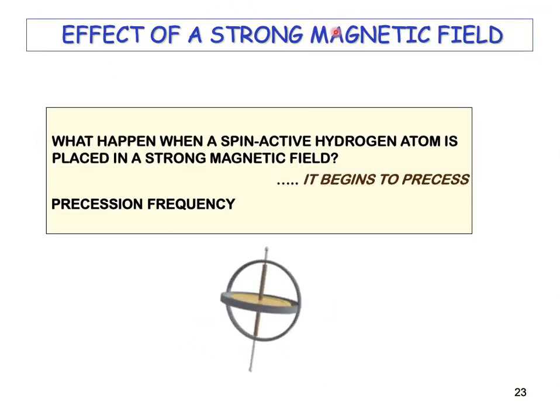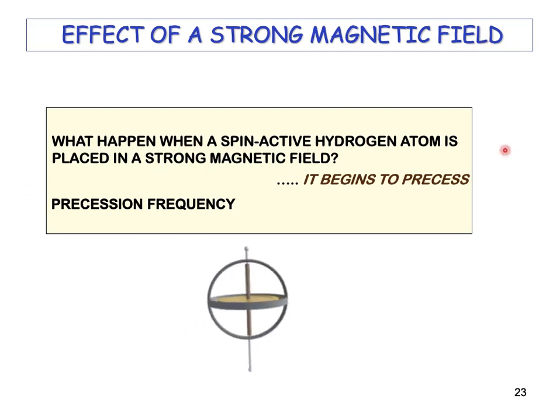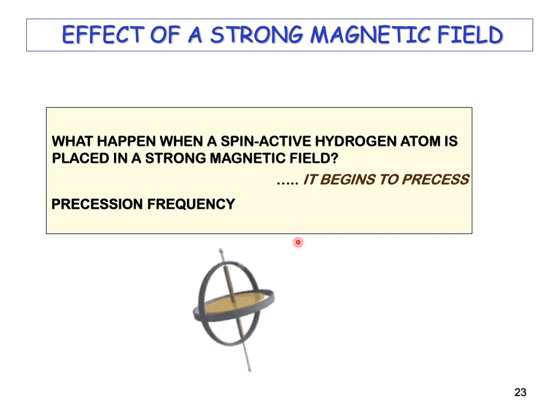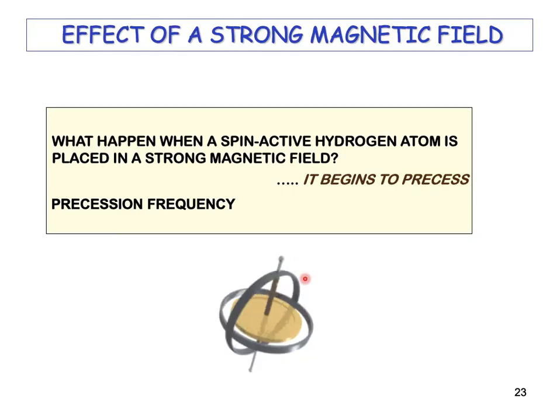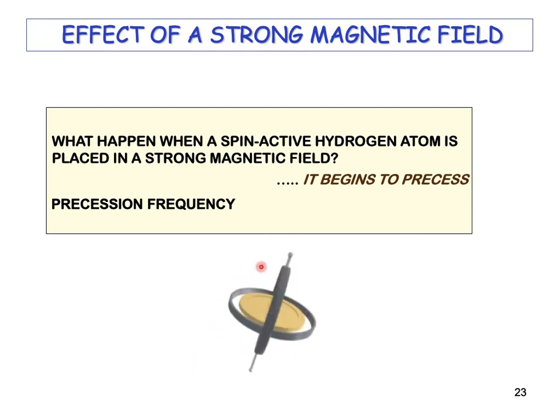So what happens when the spin-active hydrogen atom is placed in a strong magnetic field? It starts moving, meaning it has some frequency, and it starts precessing with its own frequency.